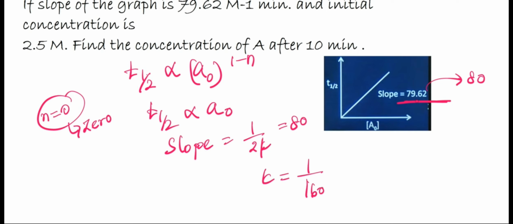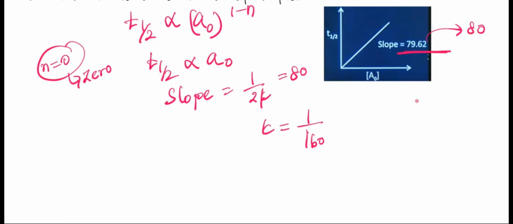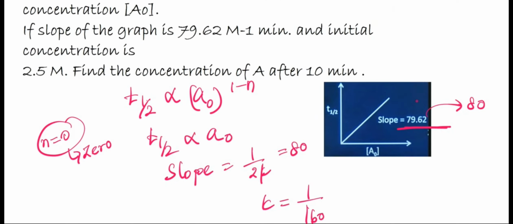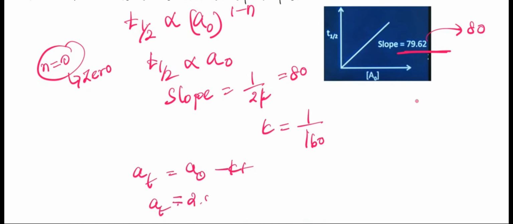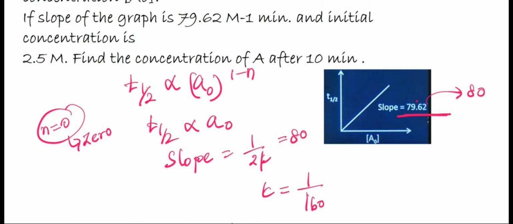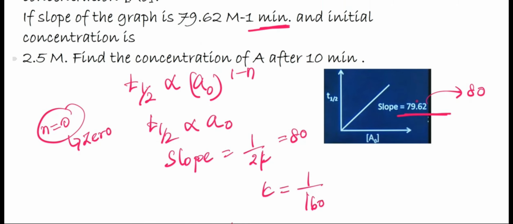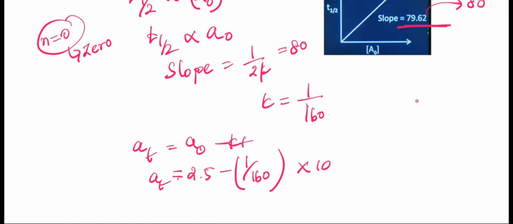Right? So we have to substitute it in the formula, that is A naught minus Kt, for At, that is after 10 minutes we are going to calculate the concentration. A naught is given as 2.5. K value is 1 by 160. And t is 10 minutes. So please be careful with the minutes. They have given the units in minutes. Okay, no problem. So 10 becomes 1 by 16.